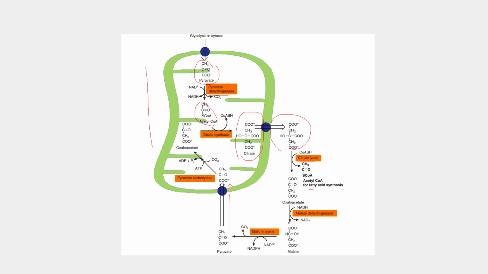So initially the oxaloacetate is reduced back to malate, and malate is decarboxylated to produce pyruvate. This reaction by malic enzyme is important as it generates NADPH. And in addition to requiring acetyl-CoA for fatty acid synthesis, we also need NADPH.